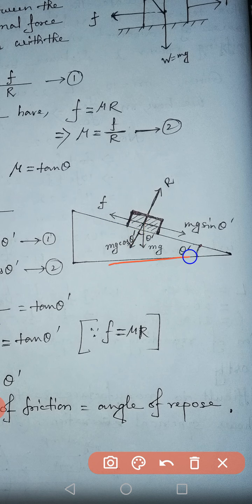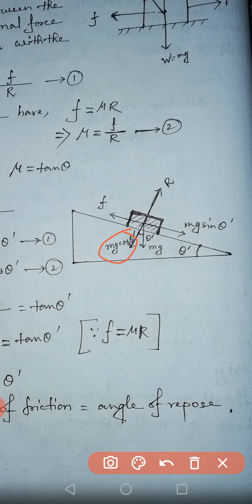This is one line, this is another line. How much angle are they making? Theta dash. Now the perpendiculars of this line and this line are mg and mg cos theta, so the angle between them will also be theta dash. So if this angle is theta dash, certainly this component will be the cos theta component.